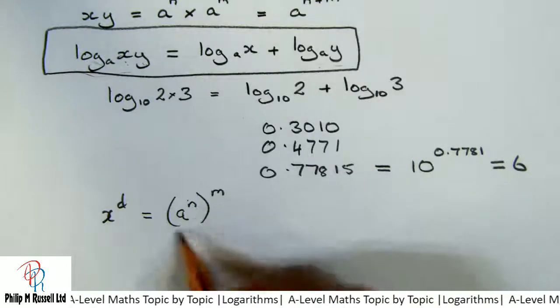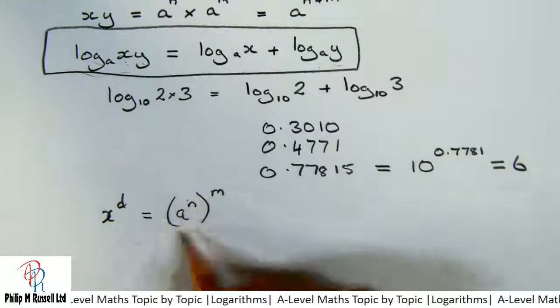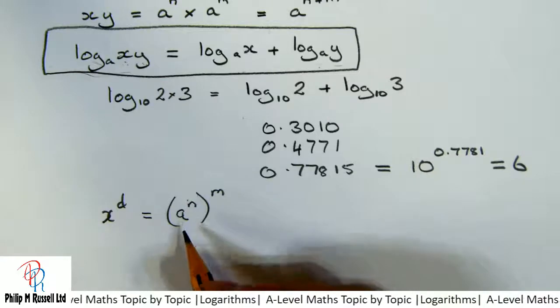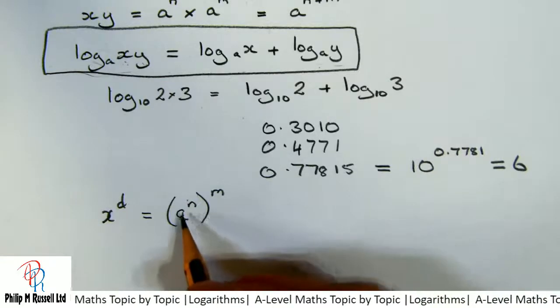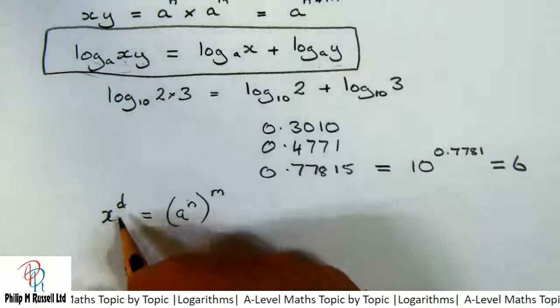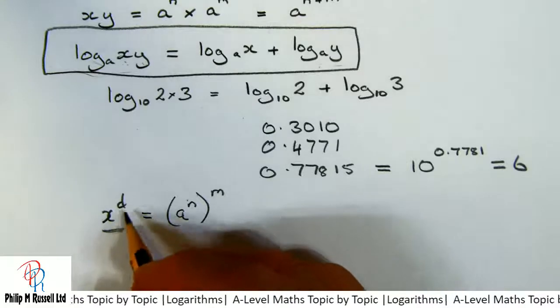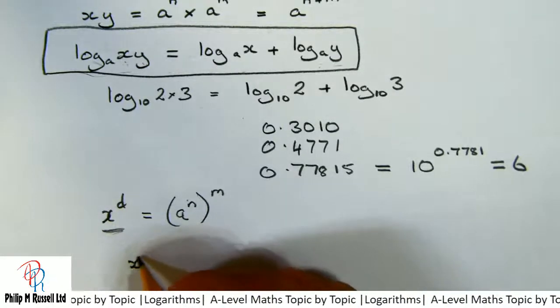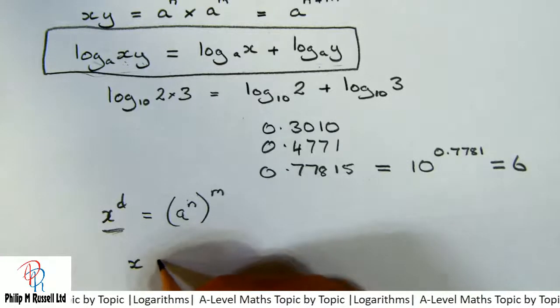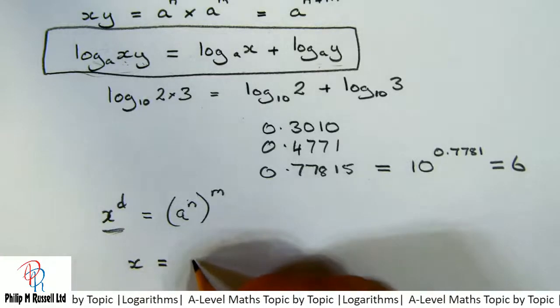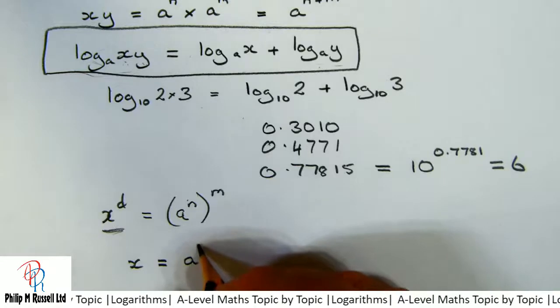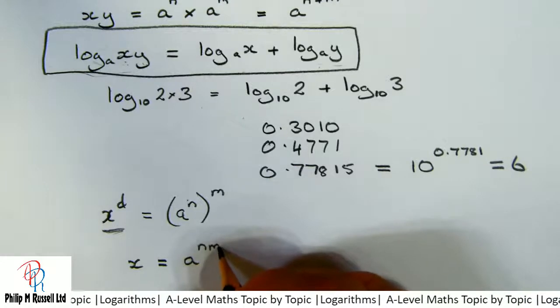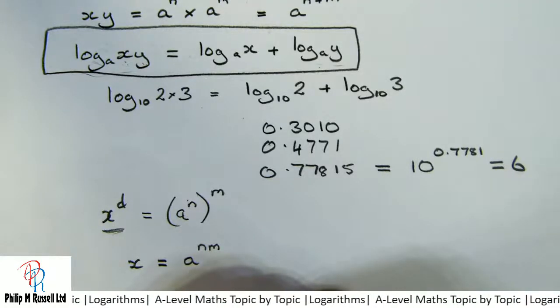There's just my idea here. Now, using the rules of indices, we know that if I want to work out my answer x, which may be to a power, it is going to equal a to the n times m.